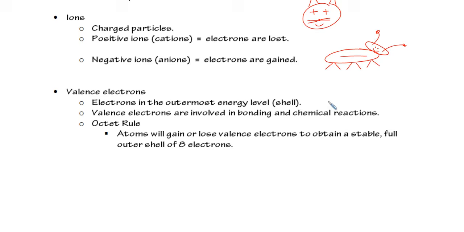Now, there are some exceptions. There are some atoms that will follow a duet rule. This sounds cute. This is going to be hydrogen, helium, lithium, small atoms.